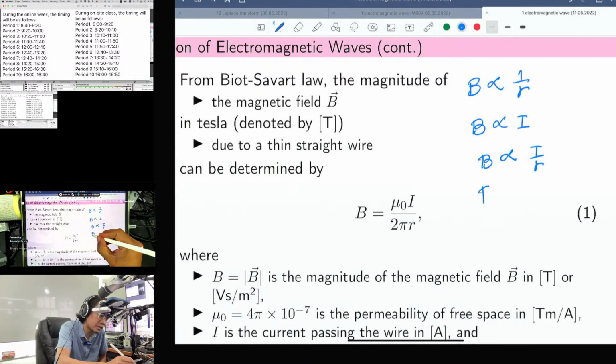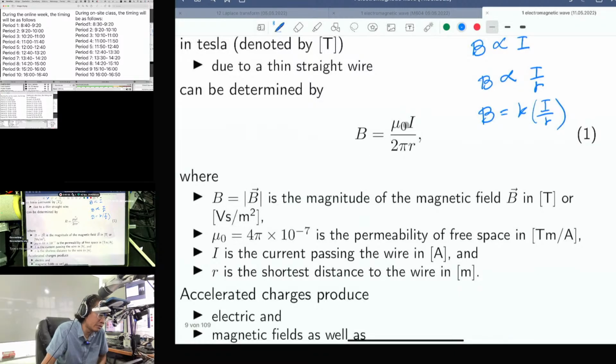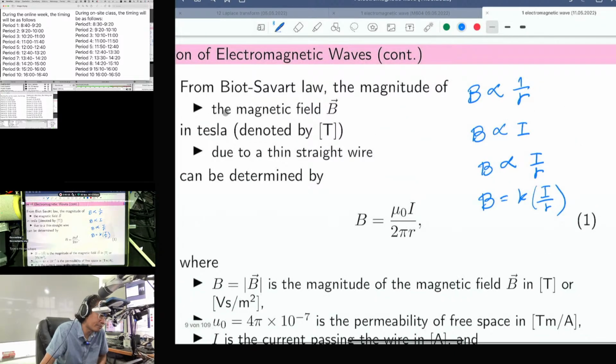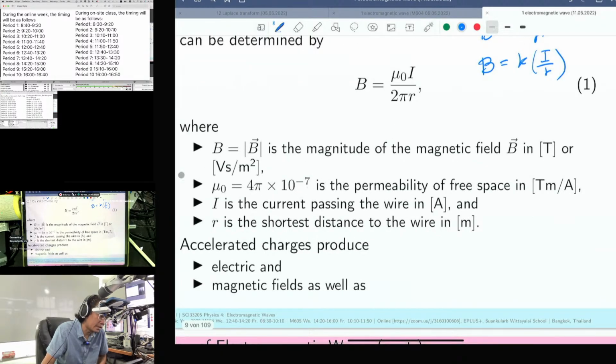And there should be a constant such that B equals the constant times I by R, okay? And the constant has been discovered as mu 0 over 2 pi, okay? Well, what is mu 0? Mu 0 is the value that these two people have measured, and it's equal to 4 pi times 10 raised to negative 7, and it's known as the permeability of free space.